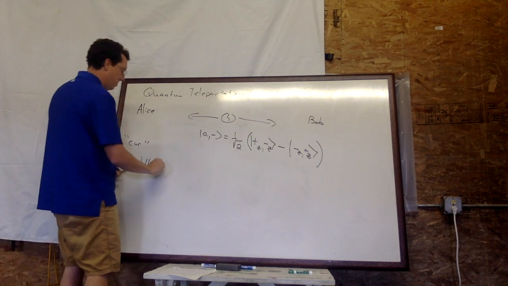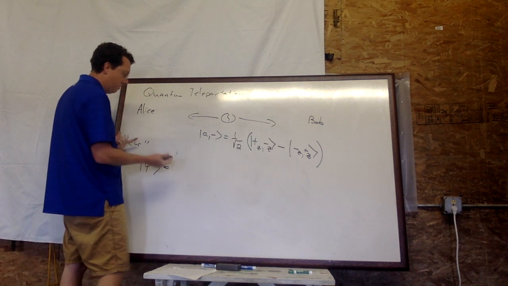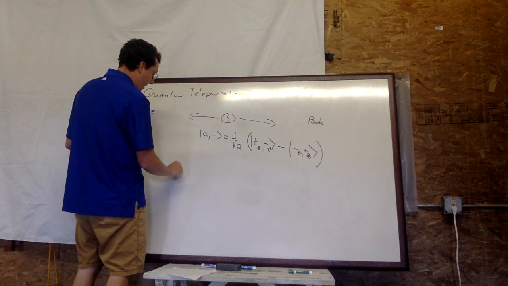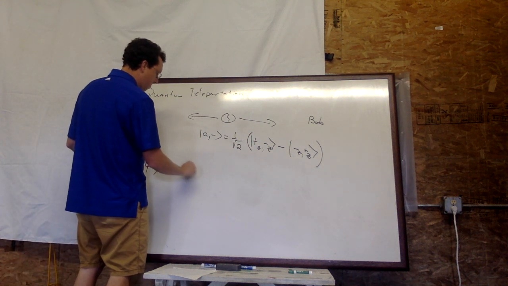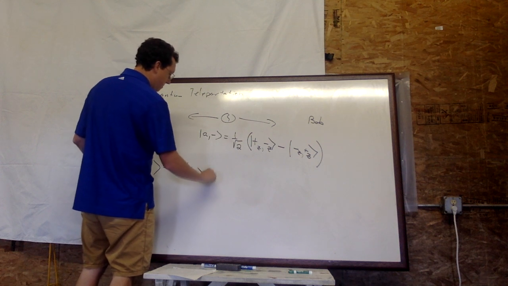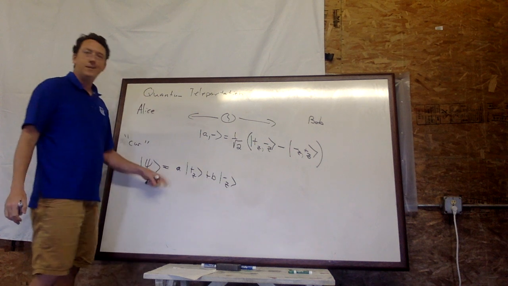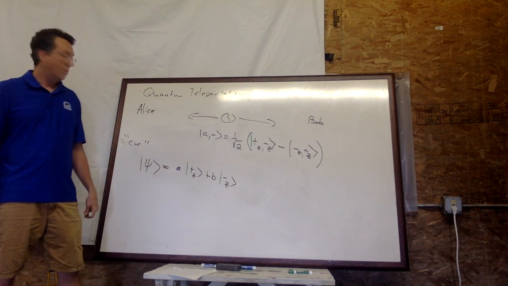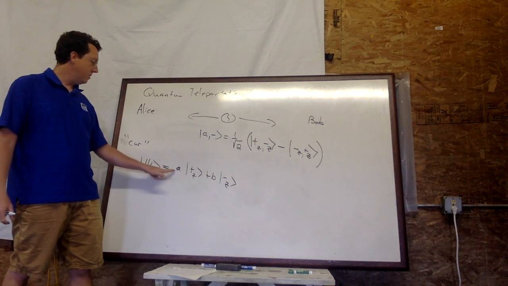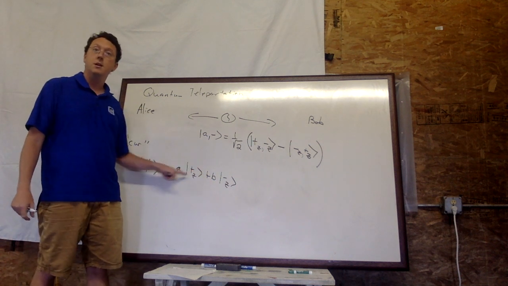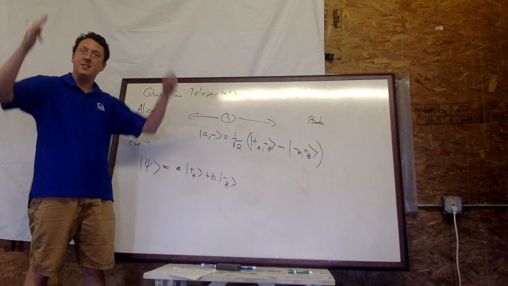What is it? Well, it's an arbitrary vector in the Hilbert space, or the space of states. So it's given by some number a times plus z plus b times minus z. How much information can it be? Well, these are complex vectors, so a and b could be complex numbers, but they have to be unit vectors, so that's one constraint.